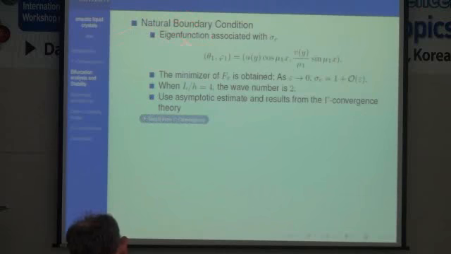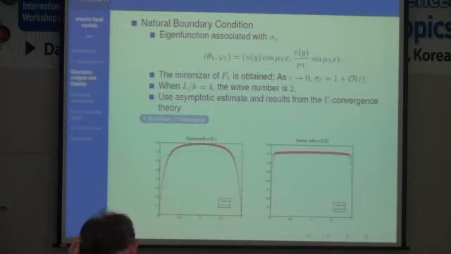And for the natural boundary condition, again, it is not straightforward to find the solution of this kernel. So what we do is we use an asymptotic estimate to find this kernel, and we use the result from the gamma convergence theory to make it simple.